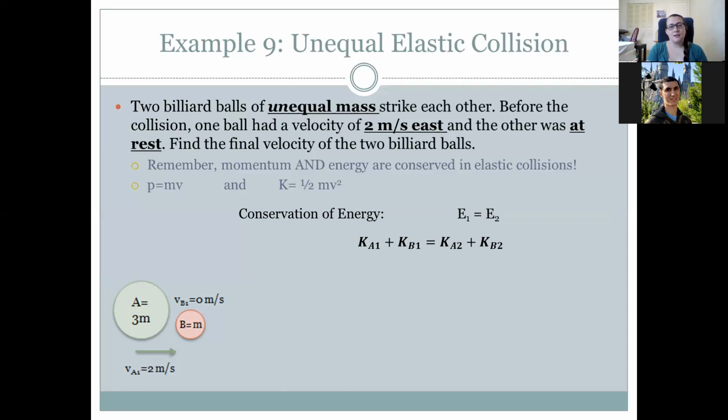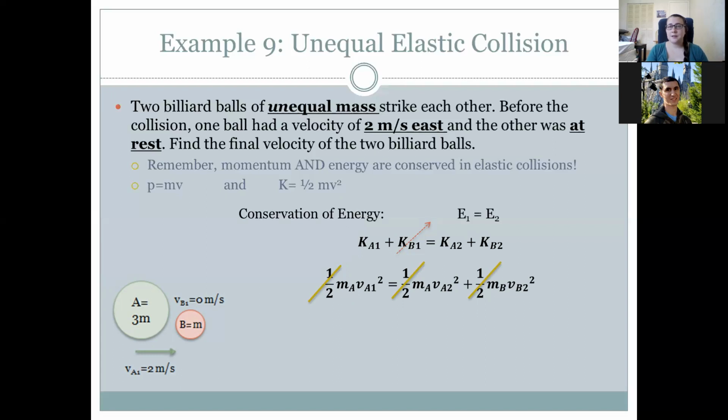So initial kinetic energy equals final kinetic energy. Ball B is not moving, so it does not have initial kinetic energy. Kinetic energy is 1/2 mv squared, so we'll plug that in. Like last time, we see that there's a 1/2 term in each of those equations.